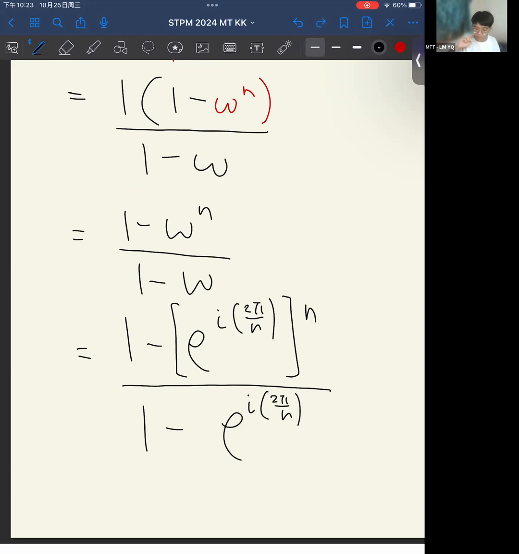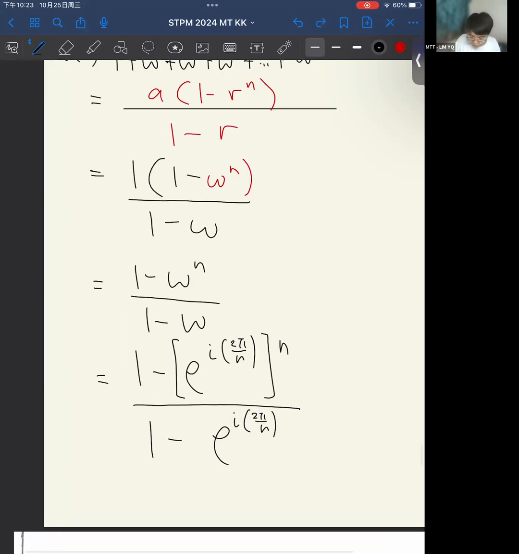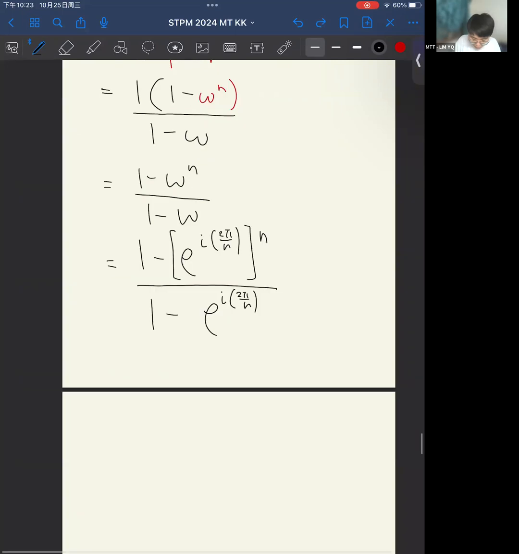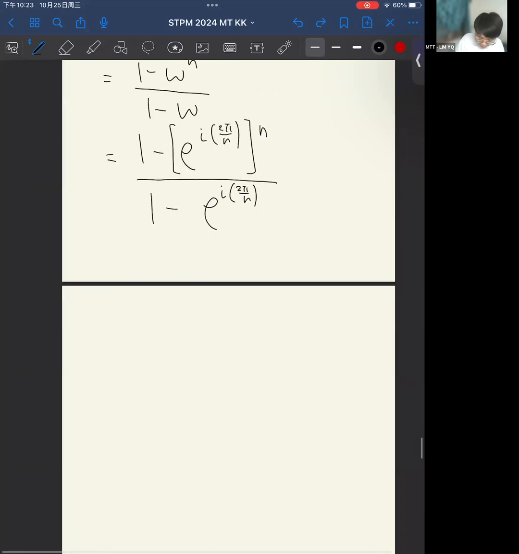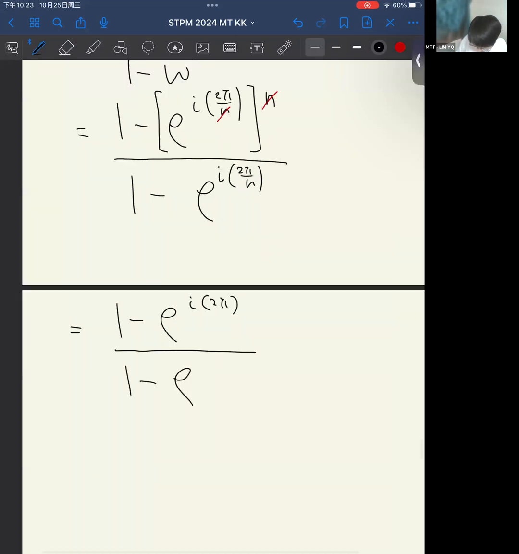This one doesn't have a power, so just minus this one only. For the upper one, using the index rule, n and n can cancel, so we are left with i multiplied by 2 pi. 1 minus e to the i 2 pi over n. This one is just W only.